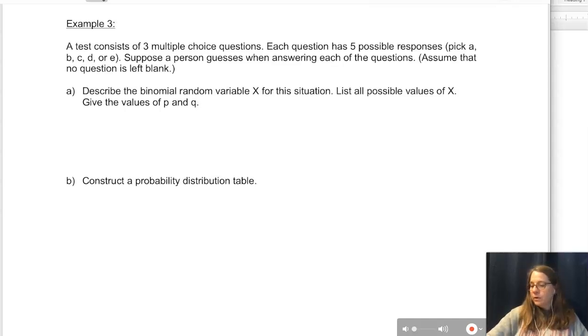In this case, we're going to define our success as getting the correct answer. Now the binomial random variable x is going to count how many questions she got correct.